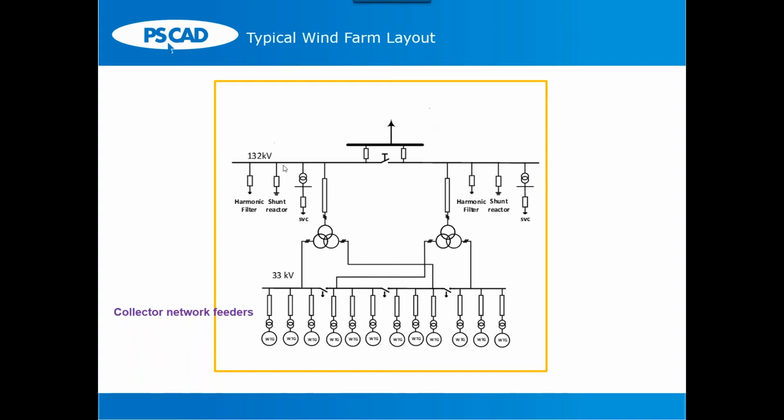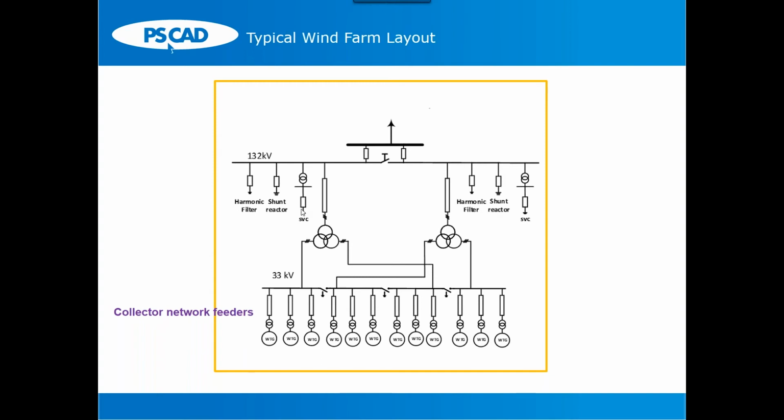At the top, you have the transmission system, in this case 132 kV. It can be anything, 230 kV, whatever. So on the high voltage bus, you can have reactors, capacitors, and in most cases, harmonic filters.